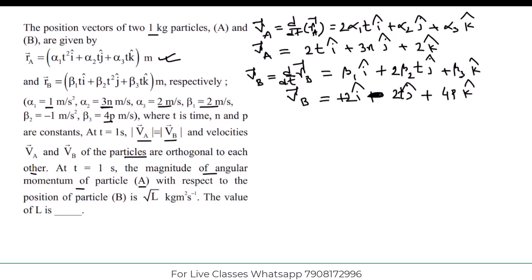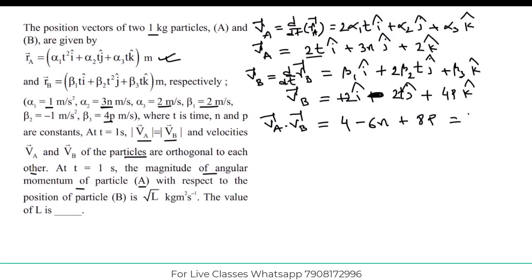Now first it is said that the velocities are orthogonal, that is VA dot VB at t equal to 1 second. So put the value of t equal to 1. VA dot VB: 2t times 2 i, that is 4t, and t is 1, that is 4. Then 3n times minus 2t, so minus 6n t, t is 1, so minus 6n. Then 2 k cap dot 4p k cap, that is k dot k is 1, so 4 into 2, that is 8p.